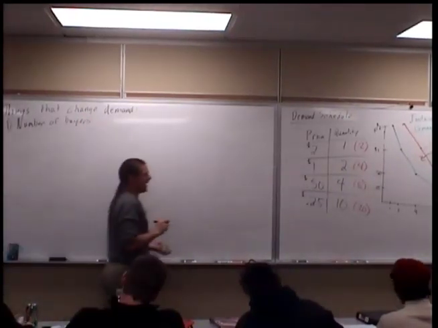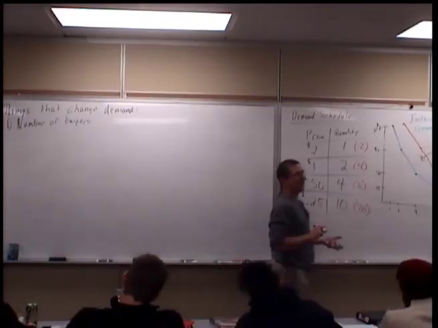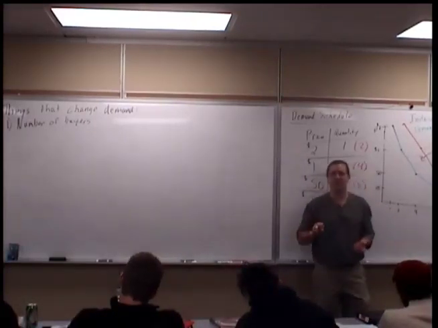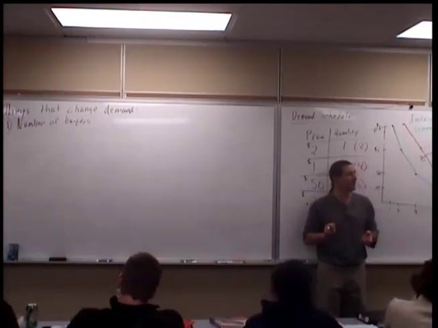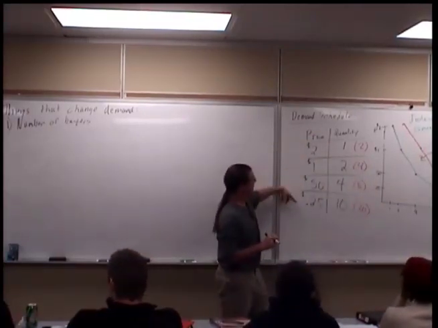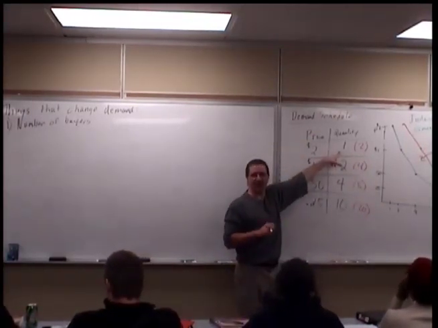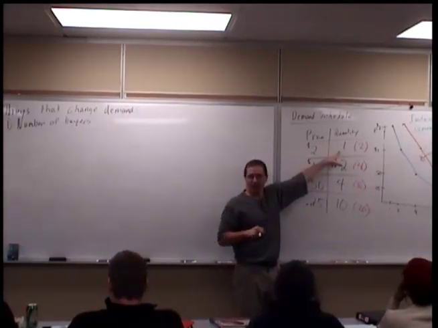So the food service downstairs assumed that there were roughly 2,000 buyers of apples, or potential buyers of apples. And based on these prices, they were going to multiply these numbers by 2,000 and draw a line that represents their demand.